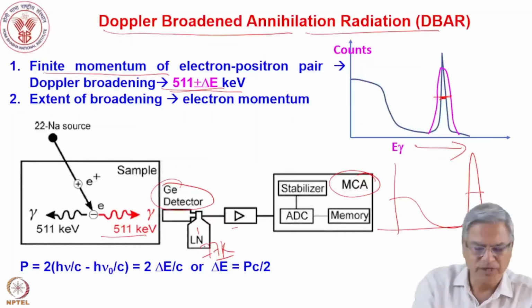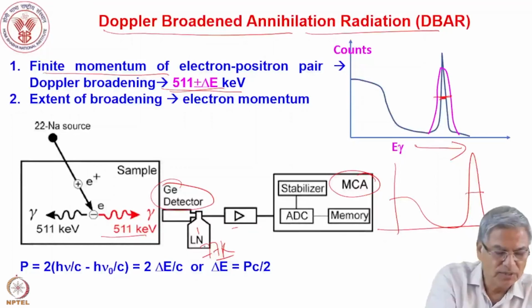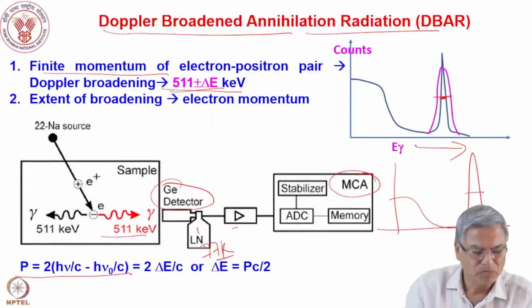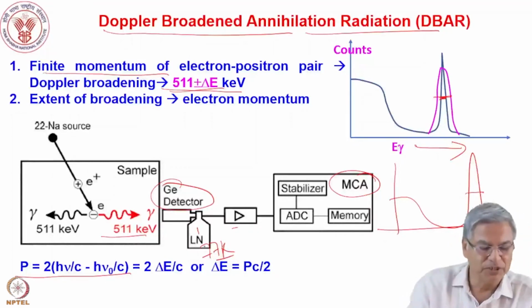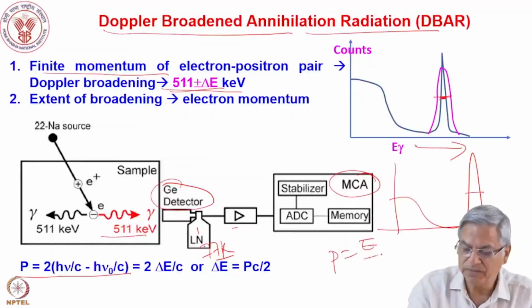So how do you get the momentum of the electron? The momentum of the photon is given by h nu by c. Momentum of the photon is E by c.